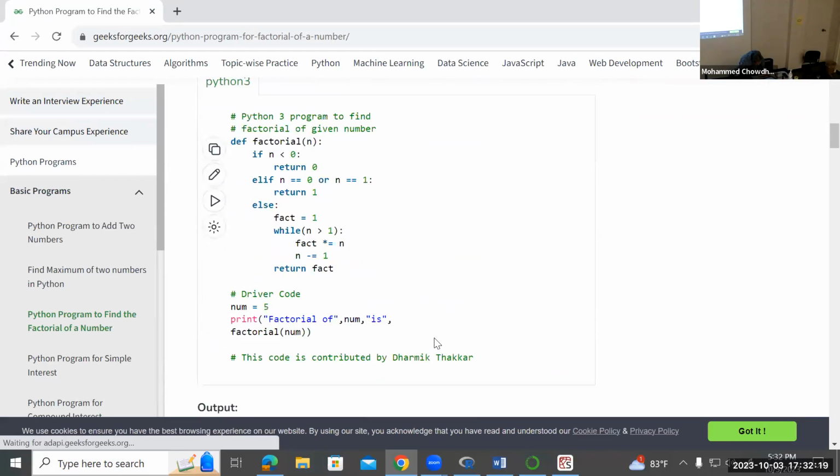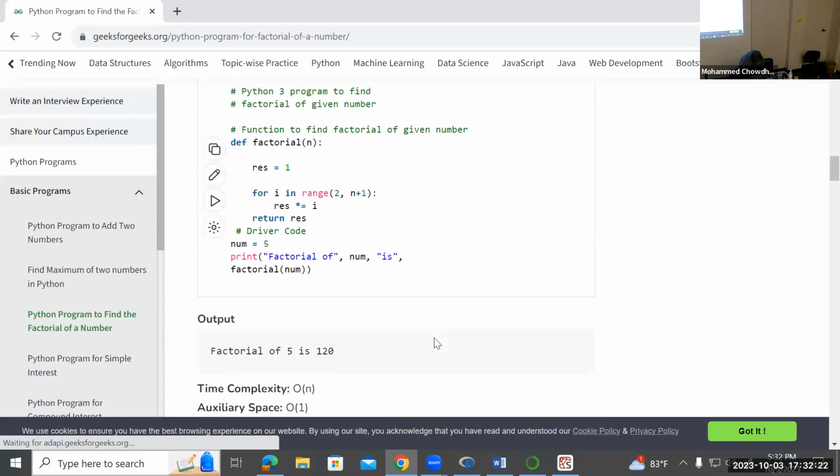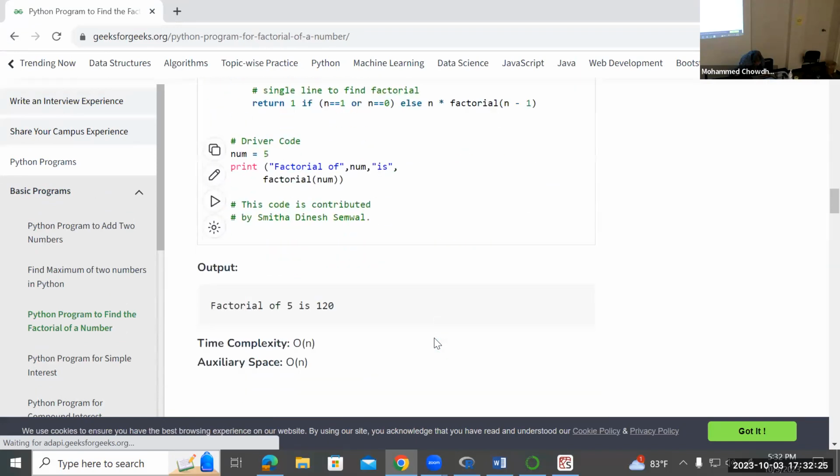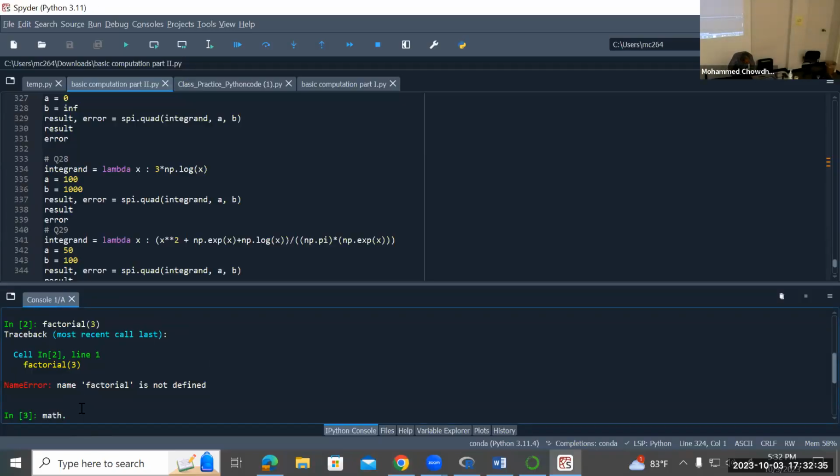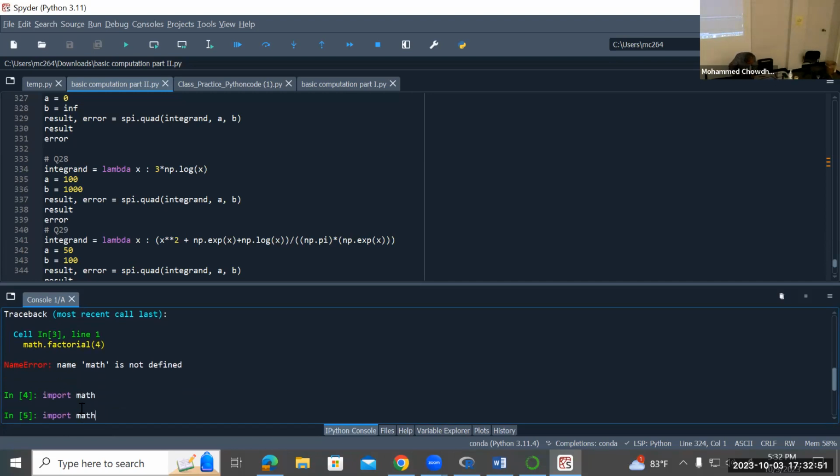There is no built-in thing. You should have something built in. I don't want to write any function. Math.factorial. Let me see. Math.factorial 4. Math is not defined. Import math. Here you go. Math.factorial, okay? What I was teaching you.